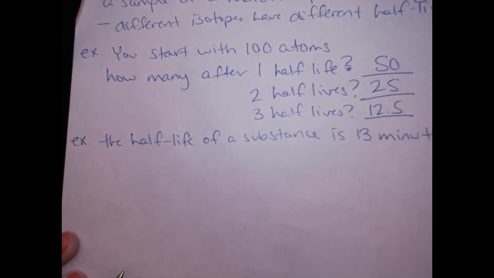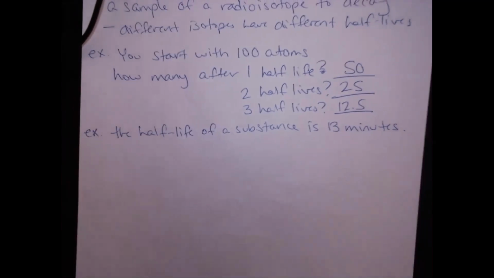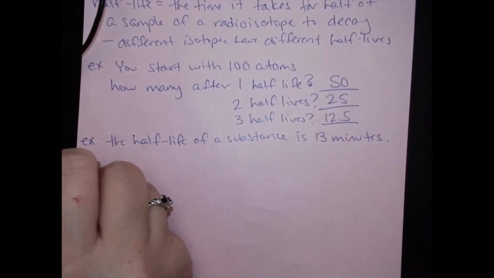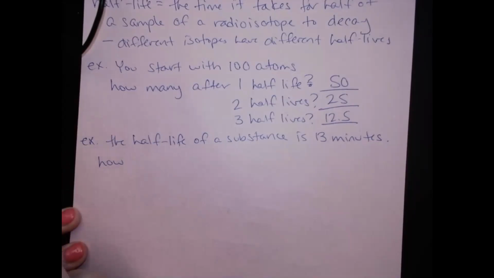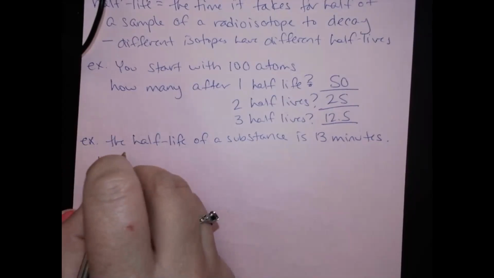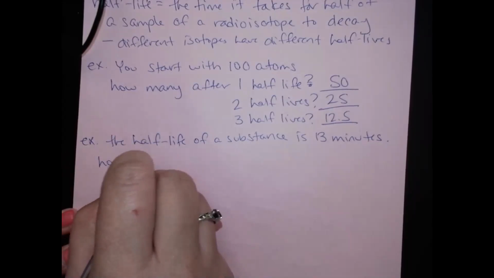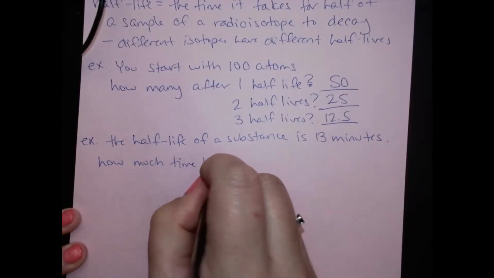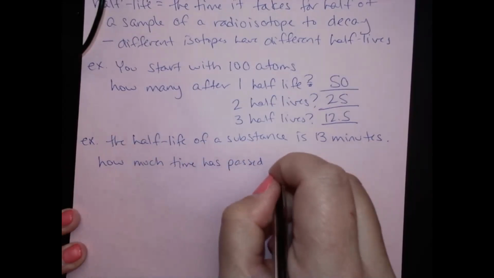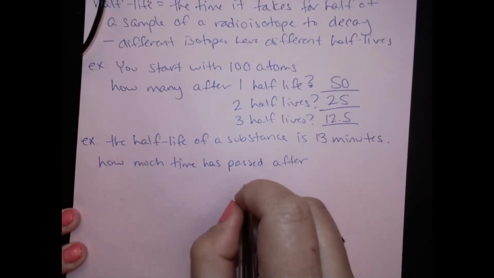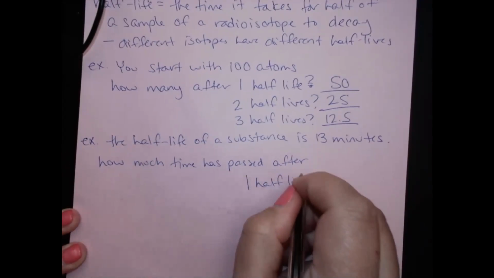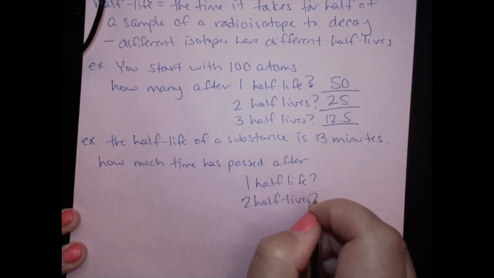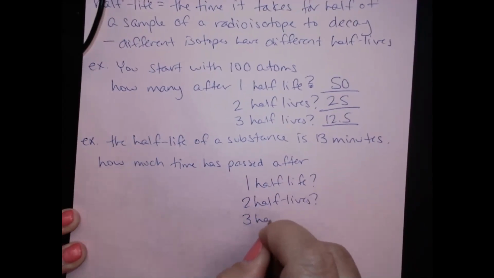So here's our other problem that we're going to write about today. The half-life of a substance is 13 minutes. That's not a really realistic half-life, but maybe. I'm just going with an easy number to do math. How much time has passed after 1 half-life? 2 half-lives? 3 half-lives?